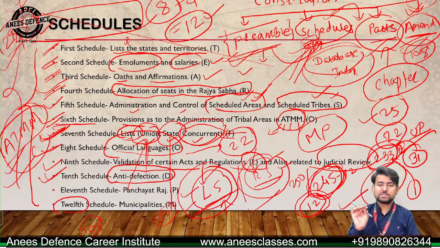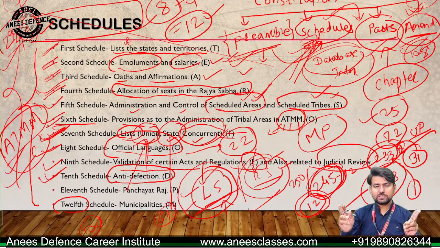Nominated members have the liberty of 6 months. If they join a political party within 6 months of becoming a member of the house, anti-defection will not be applicable to them. But if they join after the expiry of 6 months, then anti-defection law will apply and they will be disqualified.